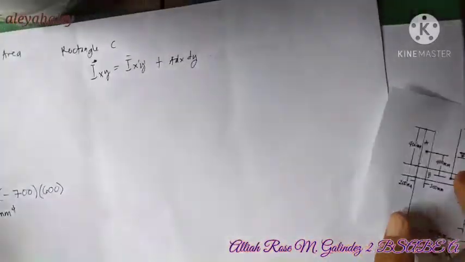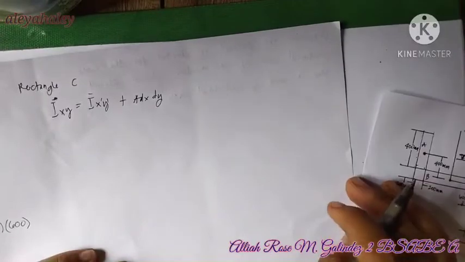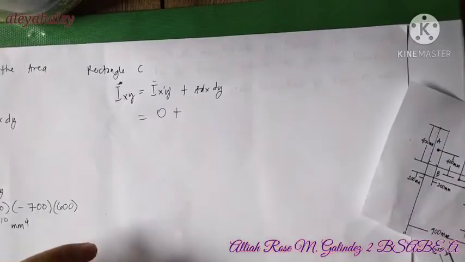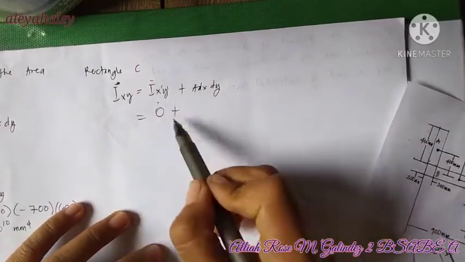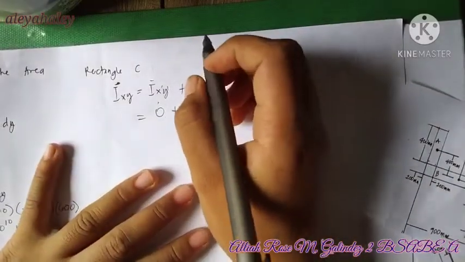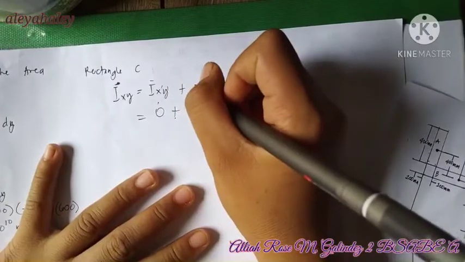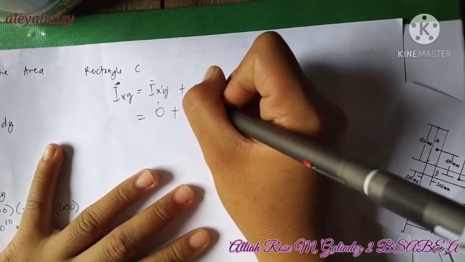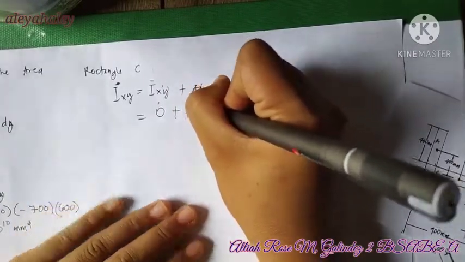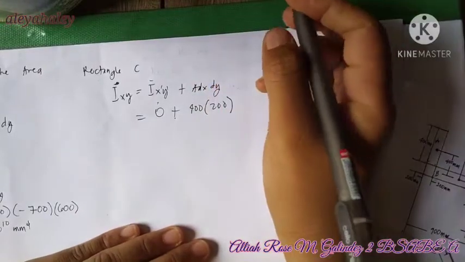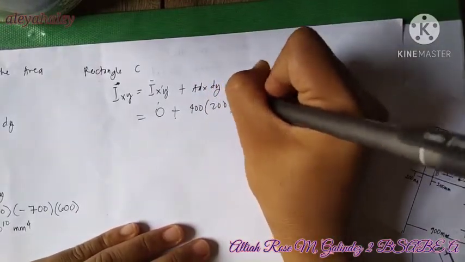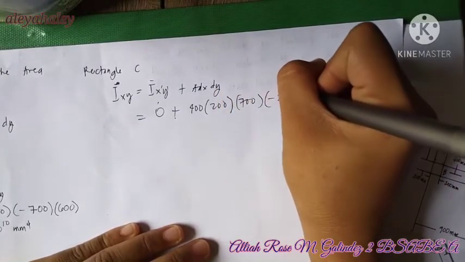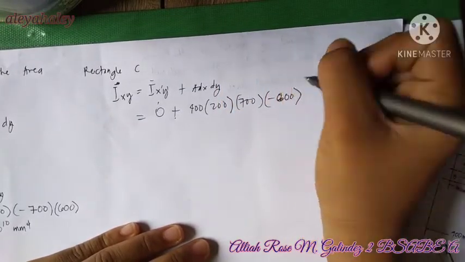And for the rectangle C, this is 0 plus the area 400 times 200, and the dx is 700 times the dy negative 600.